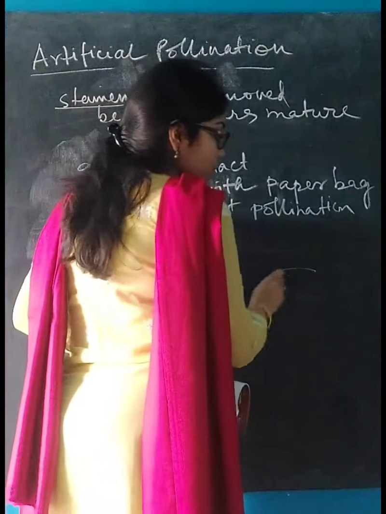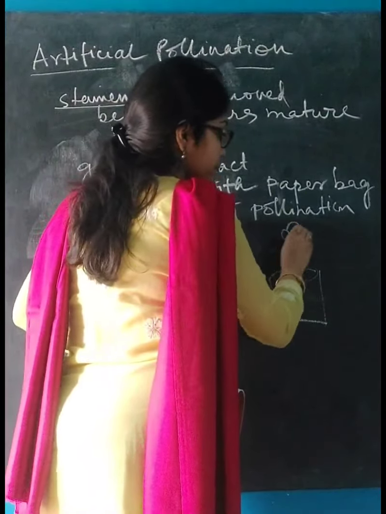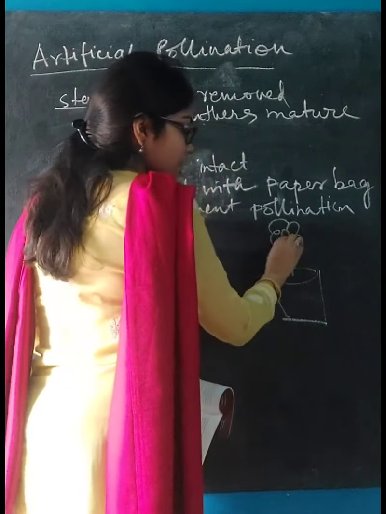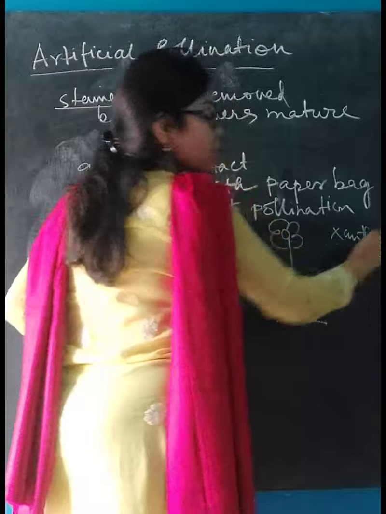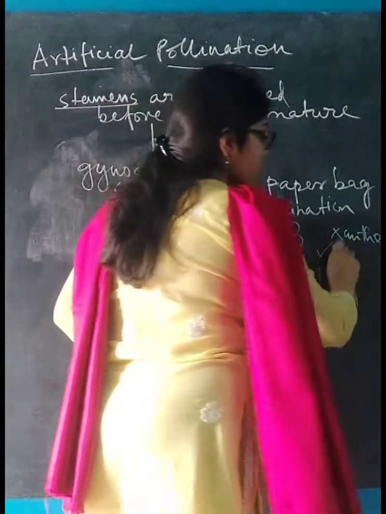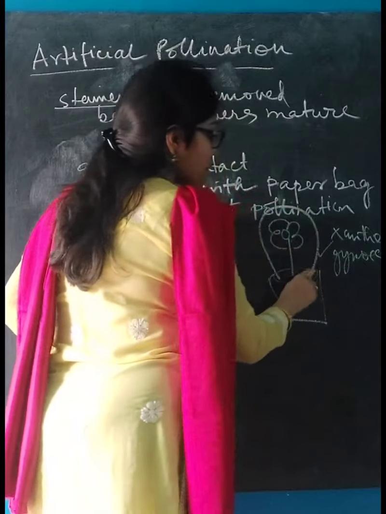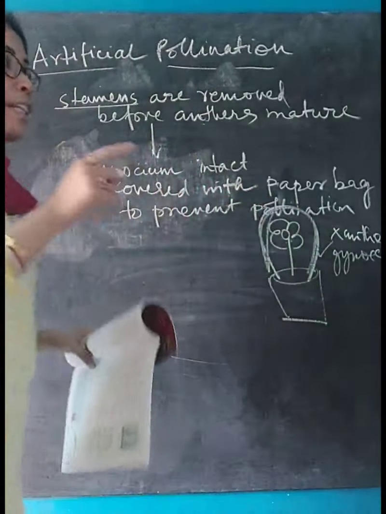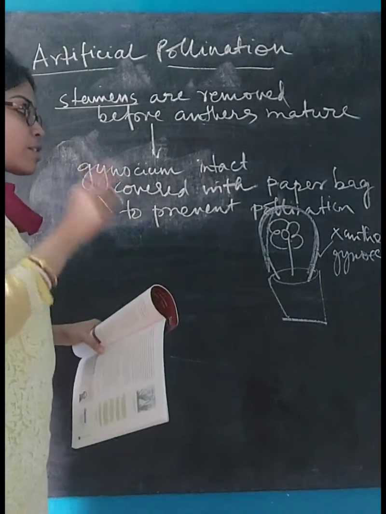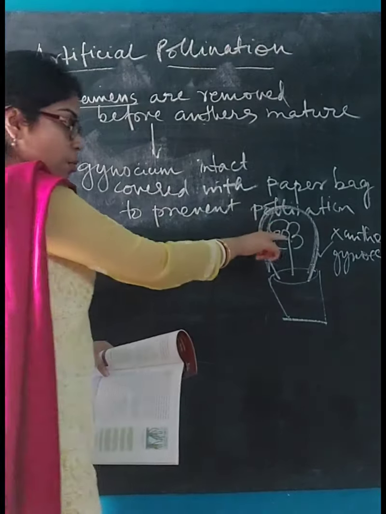So suppose this is the flower. From here the anther is removed, but the gynoecium is still there. It is covered with a paper bag. The whole thing is covered with a paper bag so as to prevent natural pollination, so that agents of pollination do not drop pollen grains on this flower.